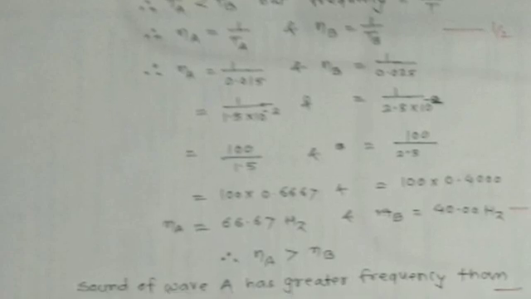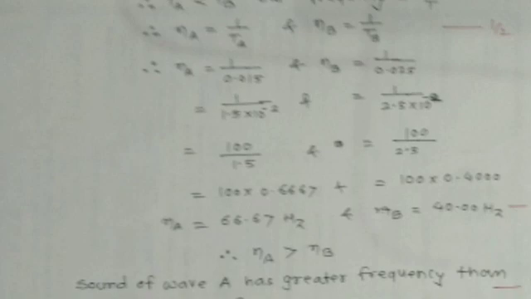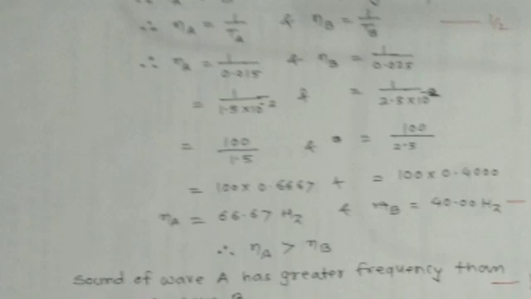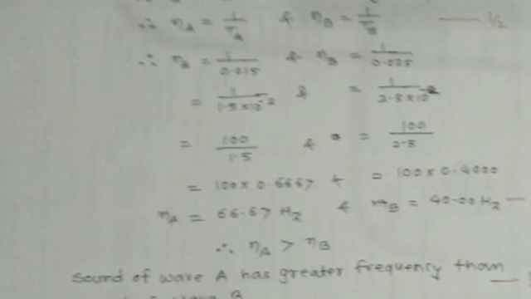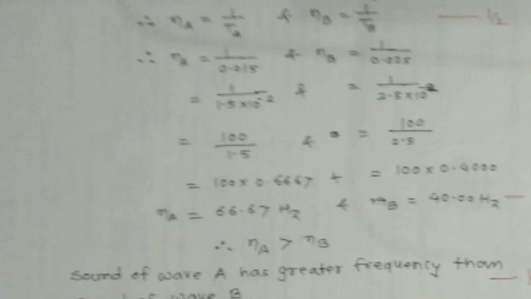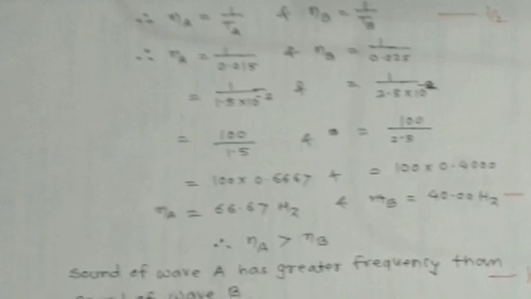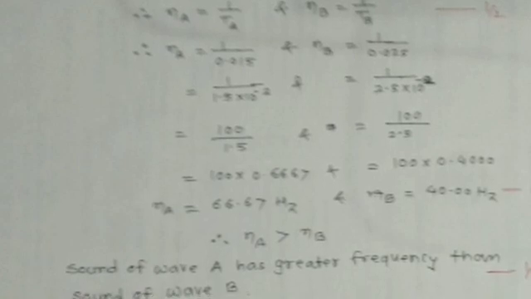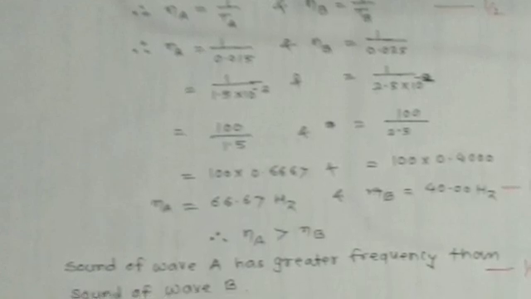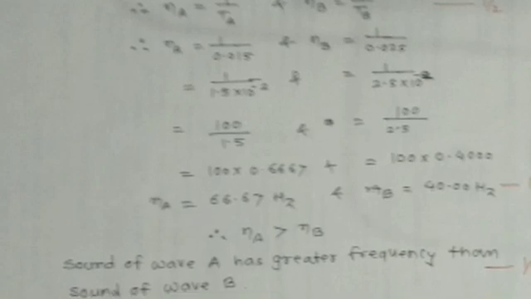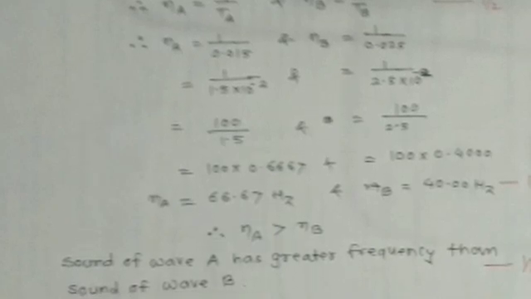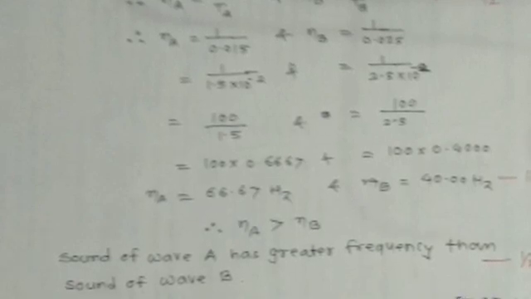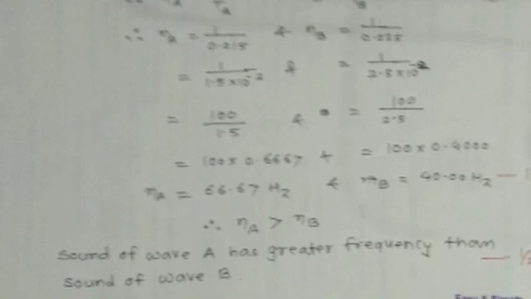Therefore frequency for A equals 1 upon time period A, and frequency for B equals 1 upon time period B. So frequency for A equals 1 upon 0.015 and frequency for B equals 1 upon 0.025. By taking reciprocals, frequency for A becomes 66.67 Hz, whereas frequency for B is 40 Hz.